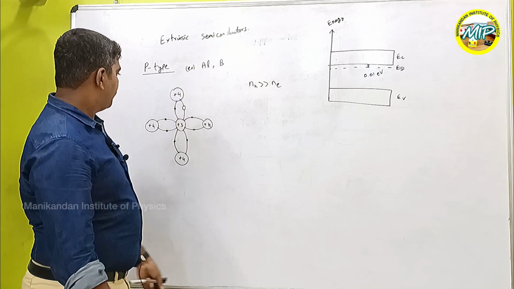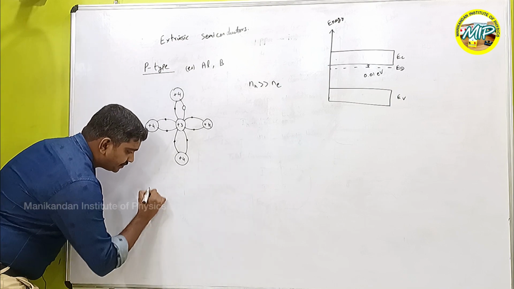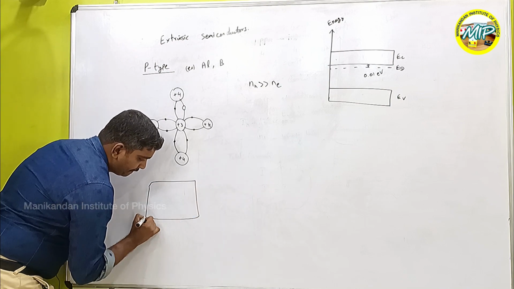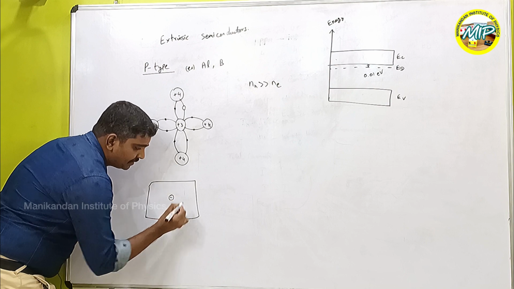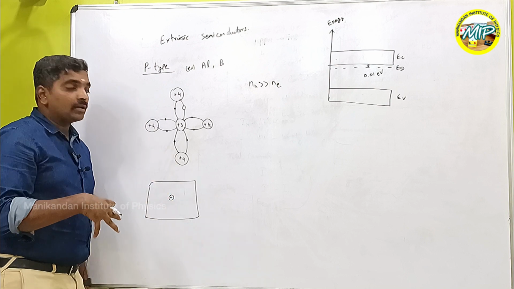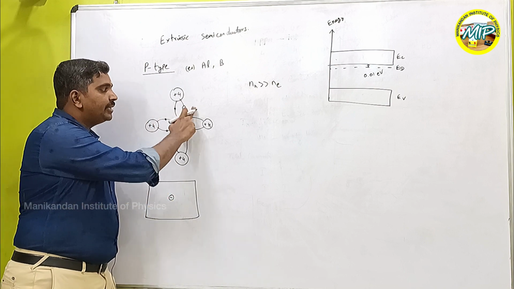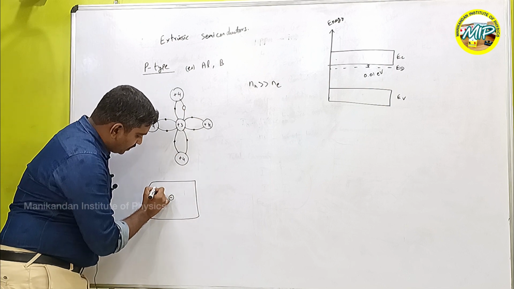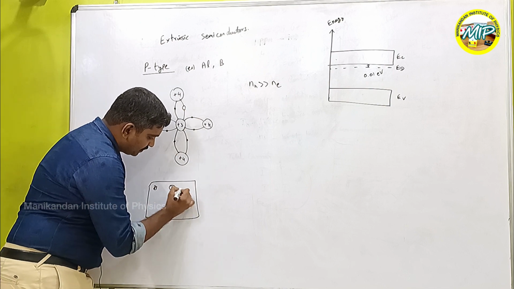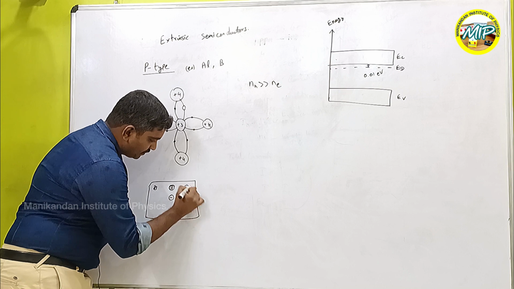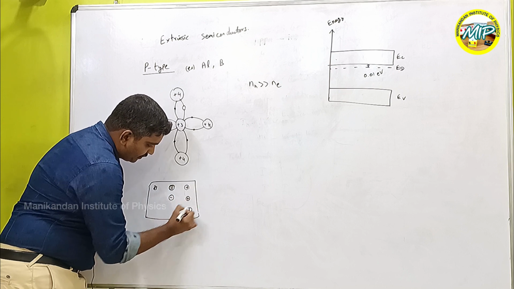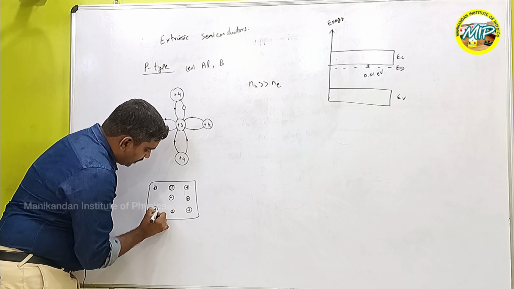Then if I say this is minus, which will accept an electron from here. Okay, so this is plus.